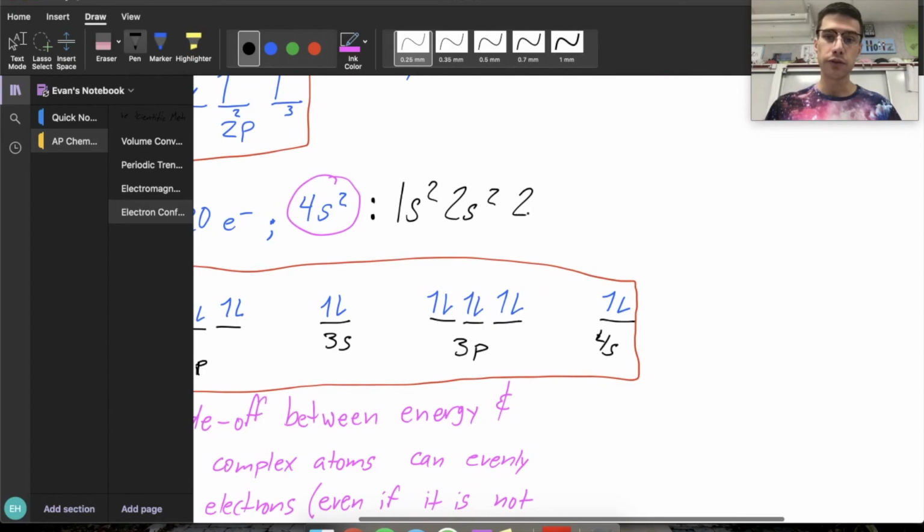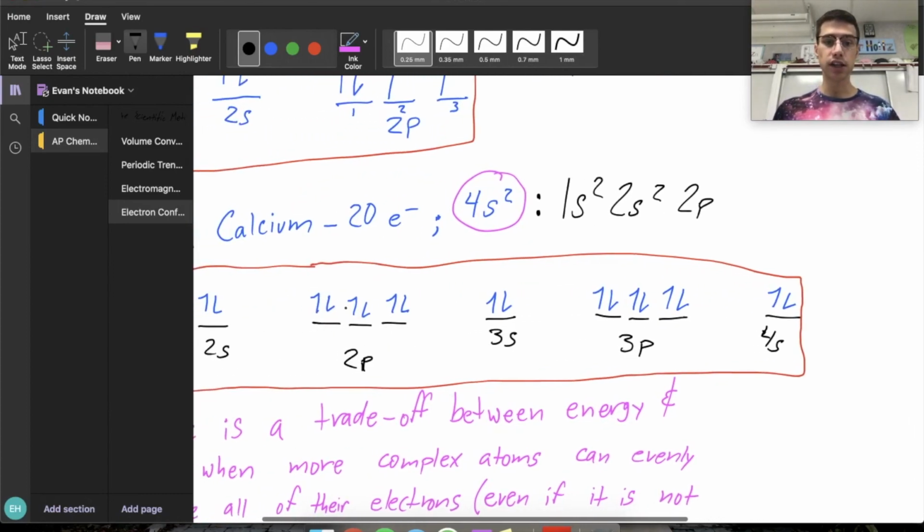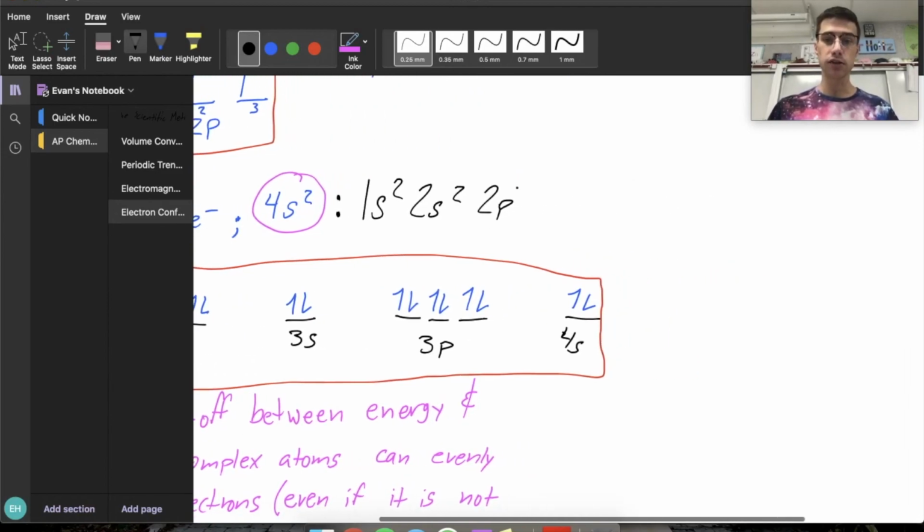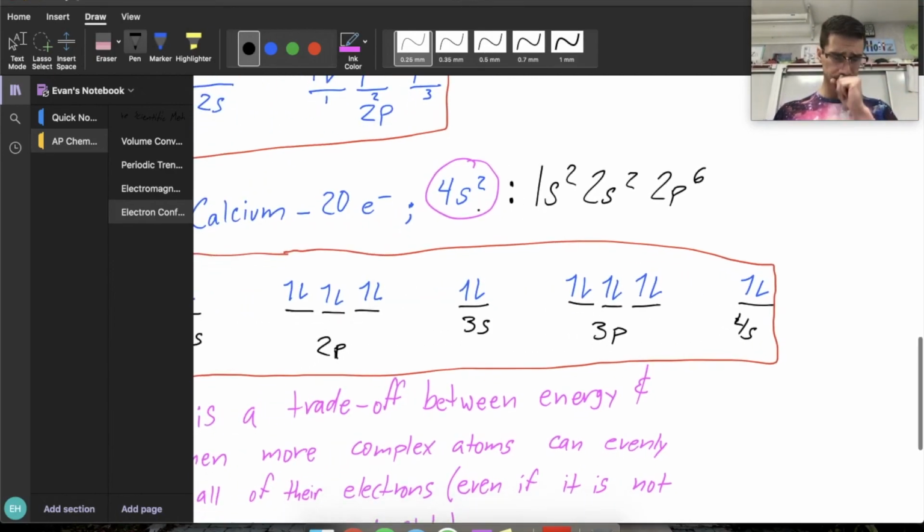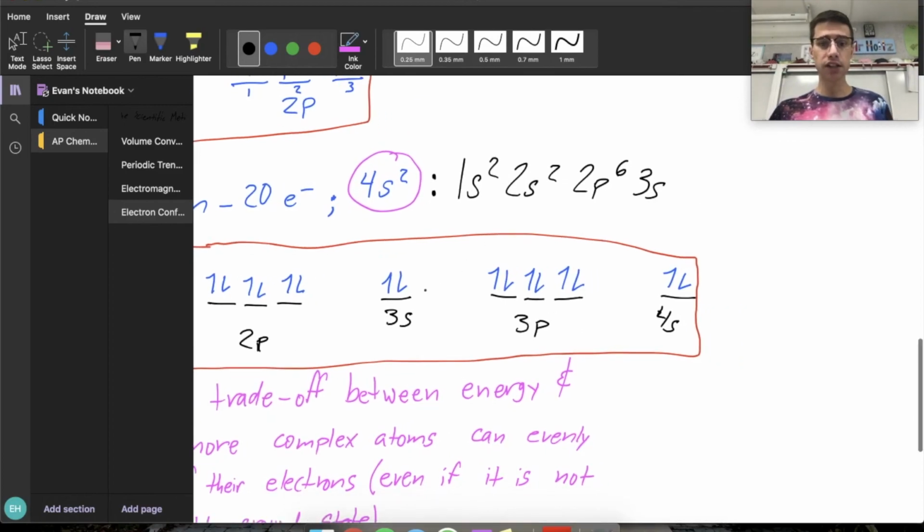After that, we fill 2p, but as you guys can see here, we have a total of 6 electrons in the 2p subshells, okay? So 2p6. So the numbers in the superscripts represent how many electrons we have in each of those spots, okay? After 2p, we have 3s. So here's 3s. And as you guys can see, we have a total of 2 electrons in the 3s subshell.